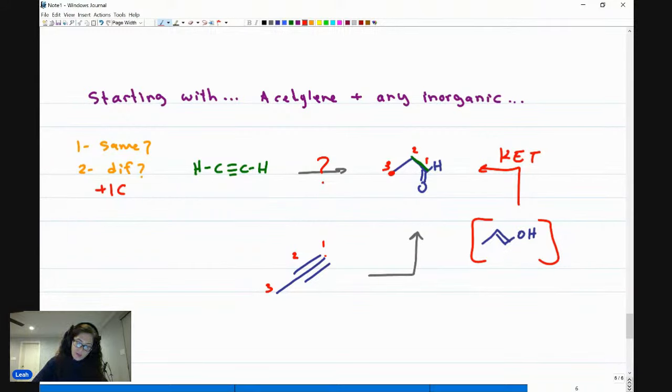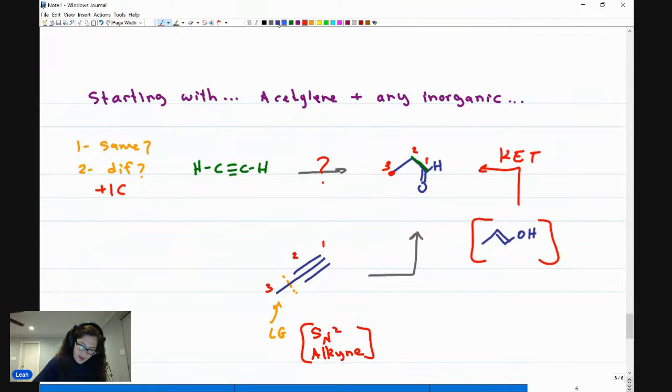And now, if I know that this is my acetylene, then if this is my new bond, all I have to do is add a leaving group there. As soon as you identify what connects to the alkyne, give that a leaving group. And as soon as you do that, you know you have an SN2 reaction. I'll put SN2, but really this is something that you learned in your alkyne chapter.